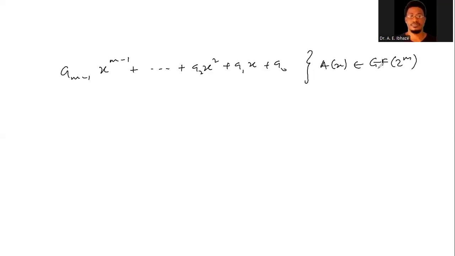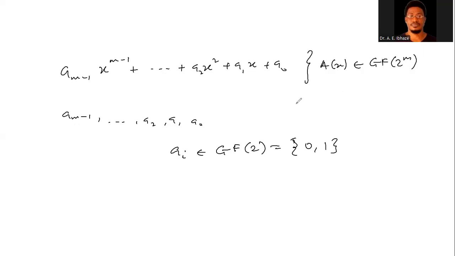And now that we have something like this, you will observe that all of these coefficients, a sub n minus 1 all the way to a2, a1, then a naught, assume values between 0 and 1. So it means that all the coefficients, a sub i, are all elements of the Galois field 2, for which we have just 0 and 1 as the elements.